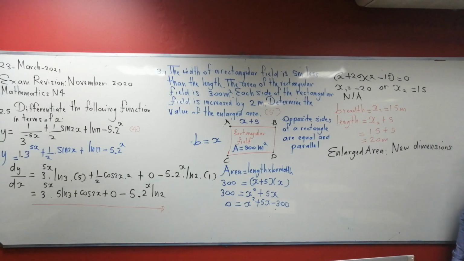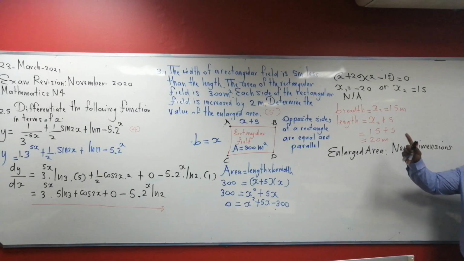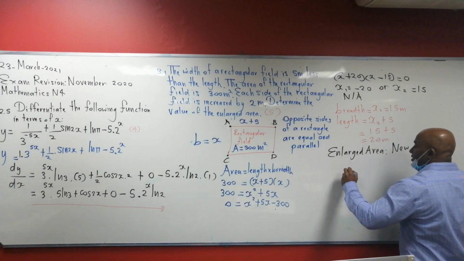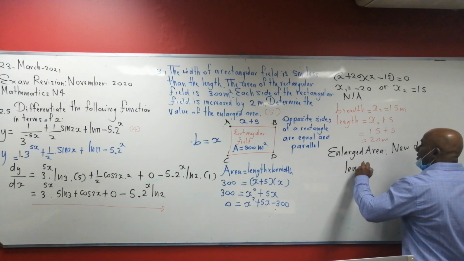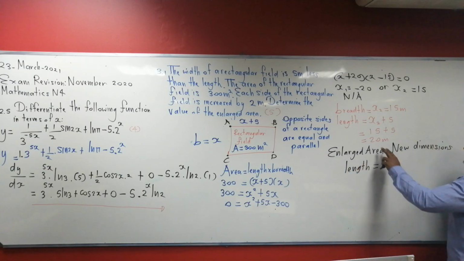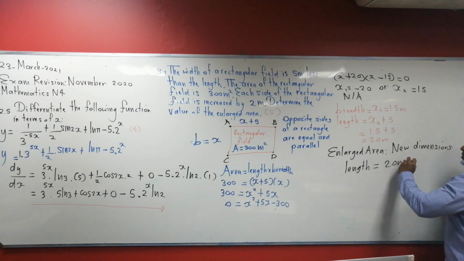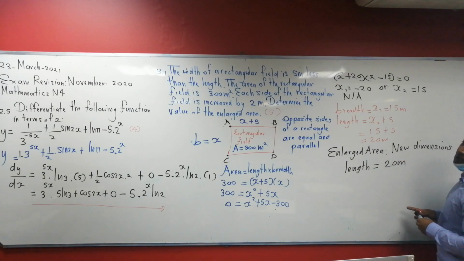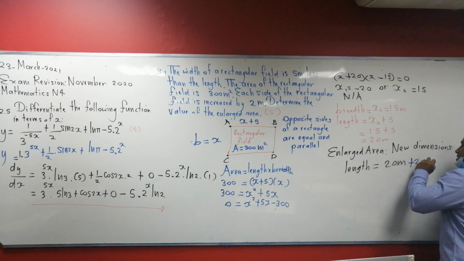In order to work out the enlarged area, you need a new length and a new breadth. Your length is going to equal, what is the current length? 20 meters increased by 2, that means plus 2.